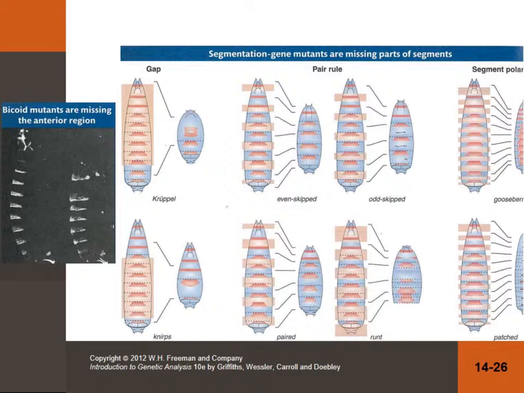One is named even skipped and one is called odd skipped. And then we've got 2 more at the bottom called paired and runt. On the right, we've got 2 examples of segment polarity genes, gooseberry and patched. So we'll talk about some of those classes on the next slide.